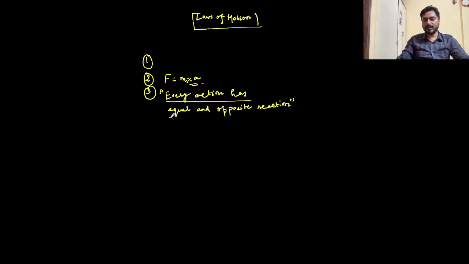Now, can you give any example of this? Every action has an equal and opposite reaction. In your NCERT, many examples are given, so let me just bring those examples.